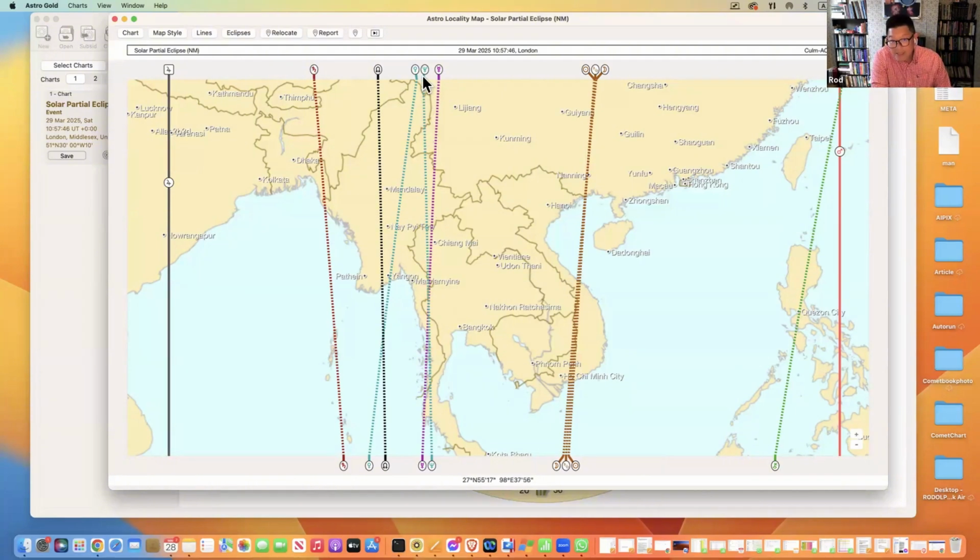And Venus, Mercury and Neptune are also near Bangkok. This is pretty important, isn't it? So when you look at the map, the chart has these planets on the angle, and with this dotted line, it suggests the planet is on the descendant.